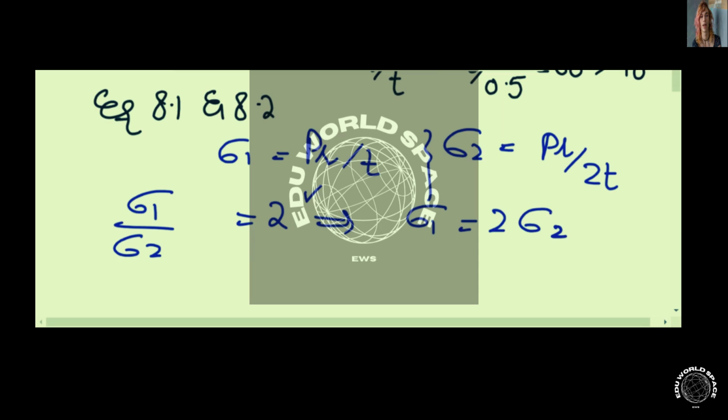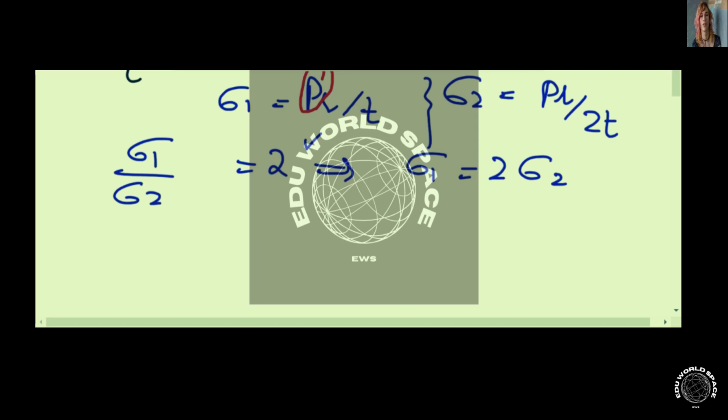As you can see, P is not a parameter, it is the gauge pressure, which is what we want to find. So solving one equation for P will give us the value of P. It is very similar to question number 36 that we just did. So P is equal to 2 times T times sigma sub 2 divided by R.